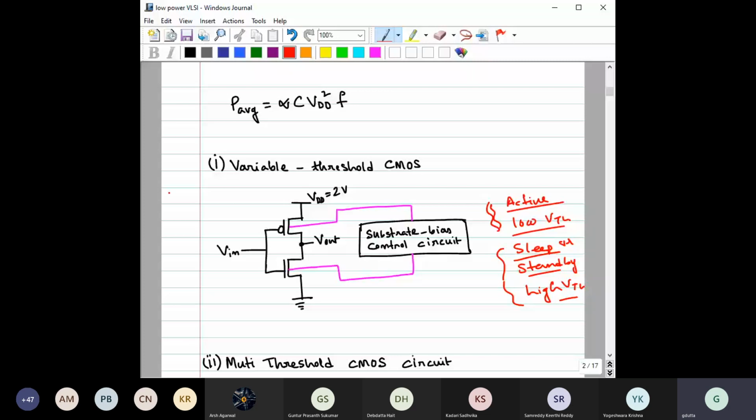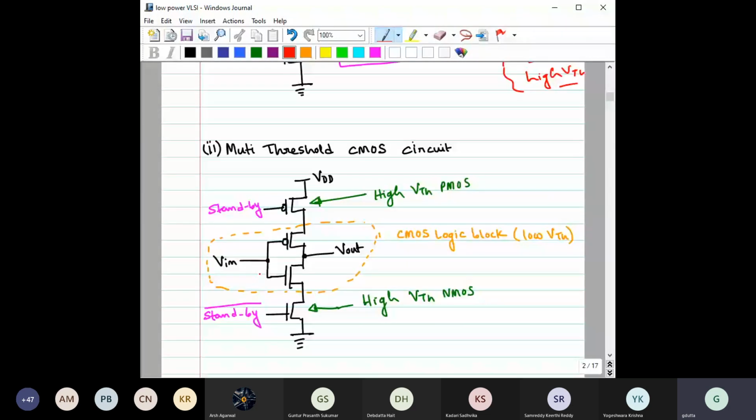The next technique is multi-threshold voltage CMOS. Here we do not change the threshold voltage depending on whether it is in sleep or active condition, but rather we use two types of fixed transistors.